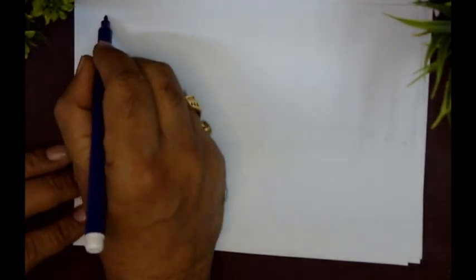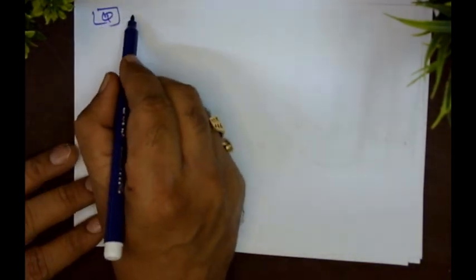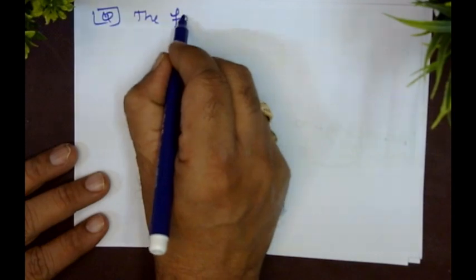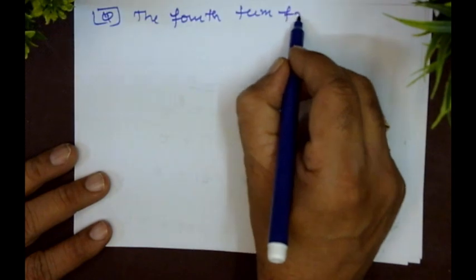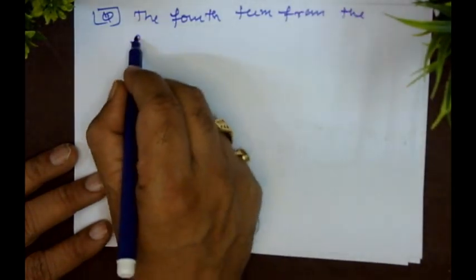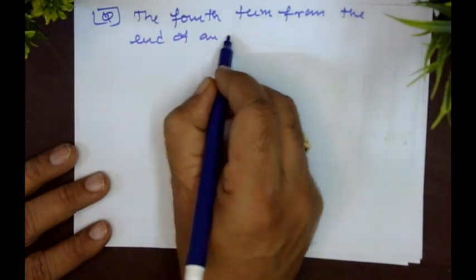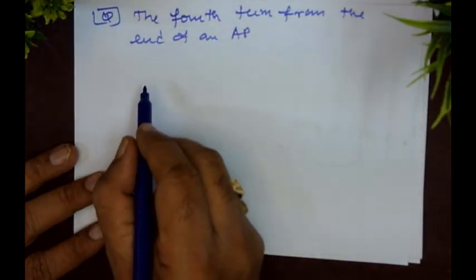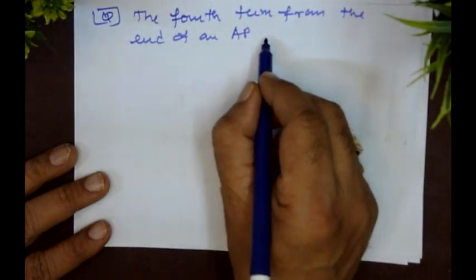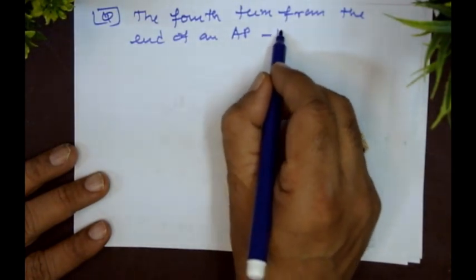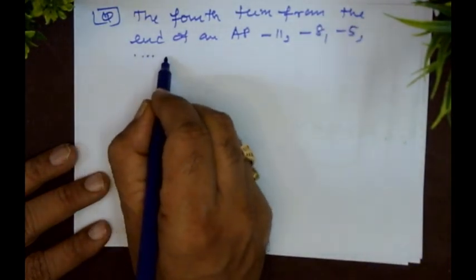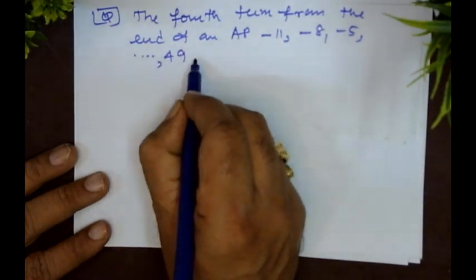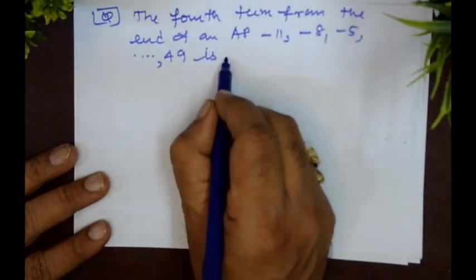Next. The fourth term from the end of an AP minus 11, minus 8, minus 5, etc., plus 49 is dash.